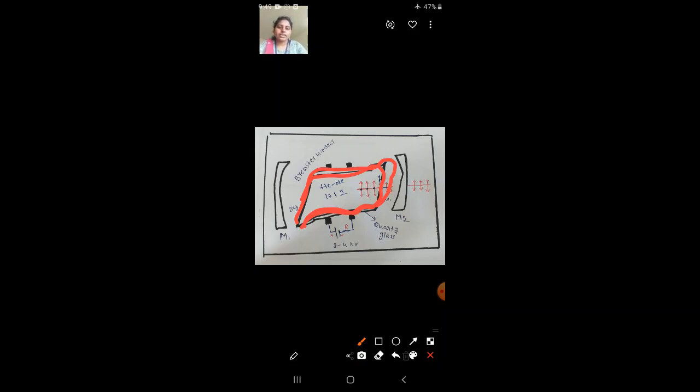And we have to excite those energies, so that's why we have to supply some energy. That energy is electrical energy, 2 to 4 kilovolts, which we have to supply in this system. Then automatically the helium atoms will be in excited states, and after that they fall down to the ground state.